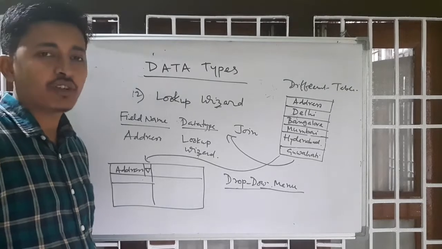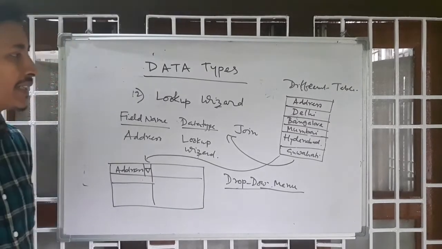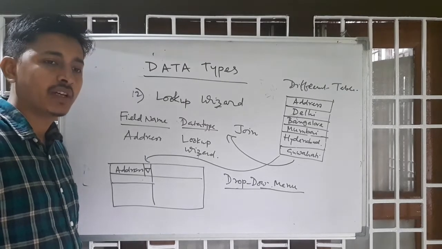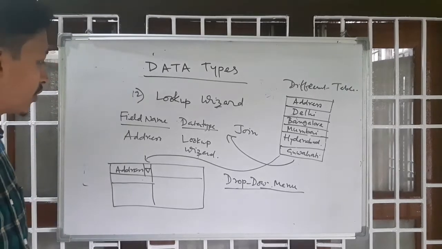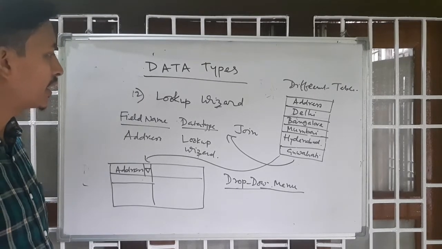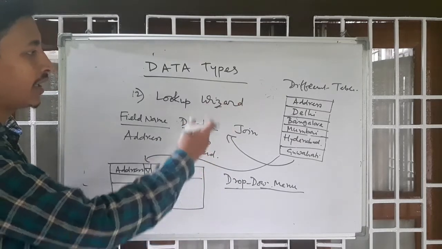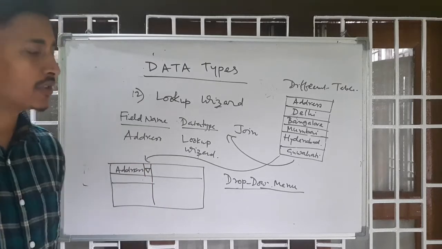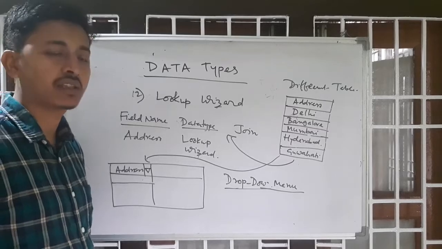The lookup wizard option is very interesting also, because you can join any field in the current form and it is easily used. So lookup wizard is very important. In this way, you can add or join a different table field in the current form. Okay, so this is called lookup wizard. I think you understand these things.